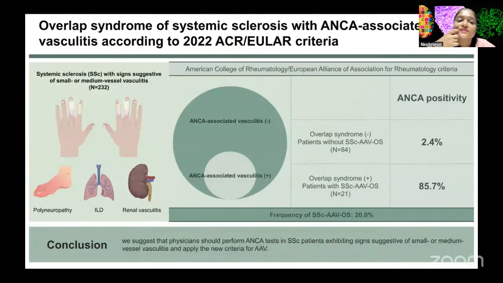And there was a study in Korea wherein they did ANCA serology for 232 cases of systemic sclerosis, and almost the majority of them had ANCA vasculitis. So they came to a conclusion that for every patient who has systemic sclerosis, you should also look for ANCA positivity, and that can help in the treatment and marking the prognosis of the patient.